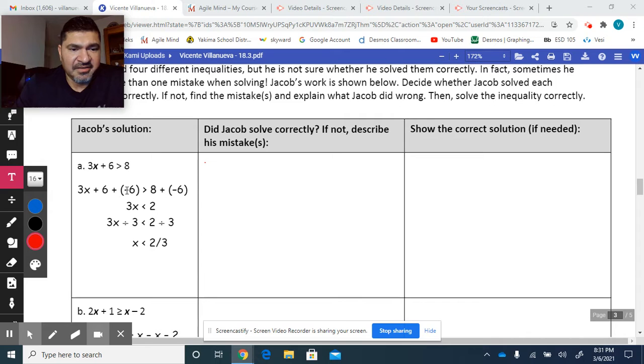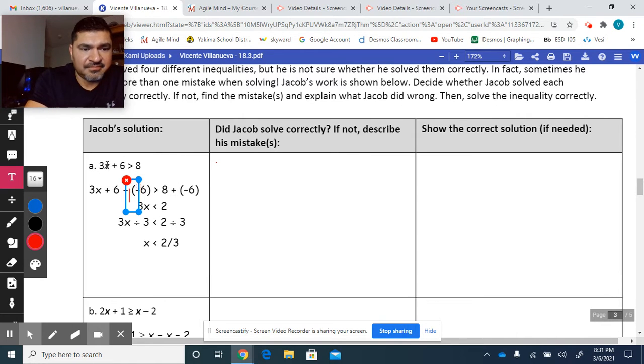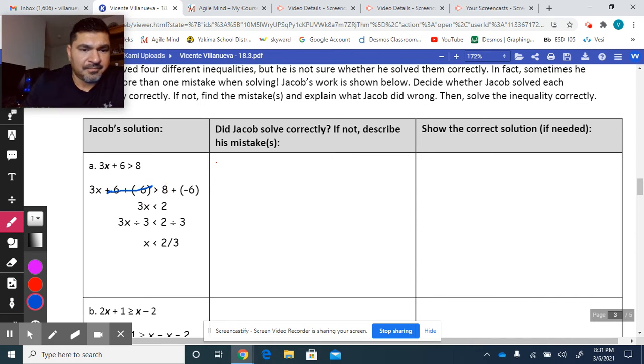So they're adding a negative 6 to both sides. Okay, so this is going to cancel. And on this side, they have 8 plus negative 6, which is 2. Because it's canceled, we bring down the 3x.